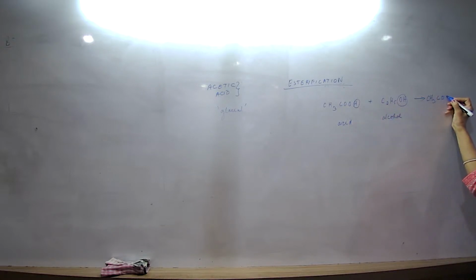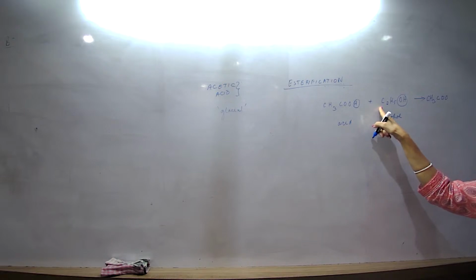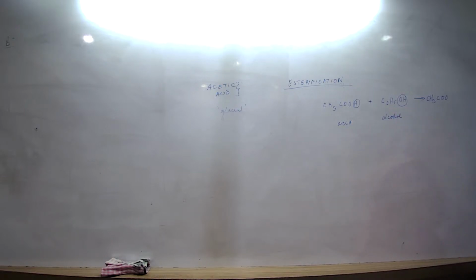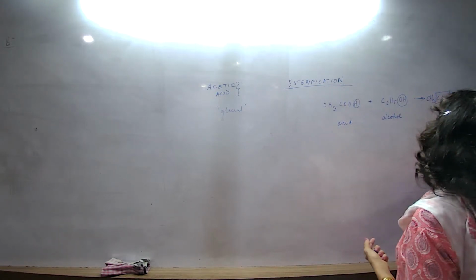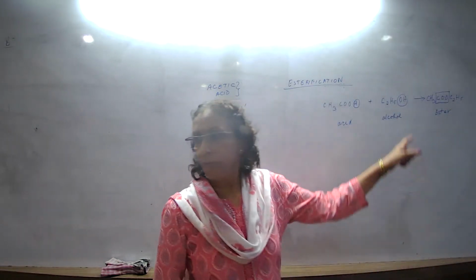CH3COO, and it will combine with this C2H5. These are like Lego blocks that children play with. You take out a block from one, you put the other block. That's exactly what is happening. So this is an ester. This group here is a functional group which is called an ester.